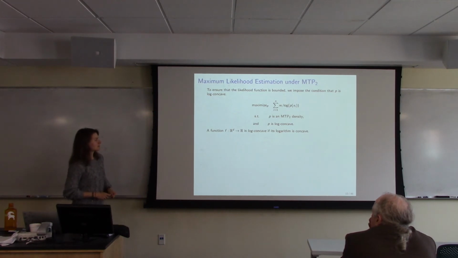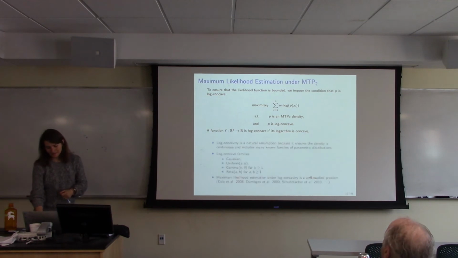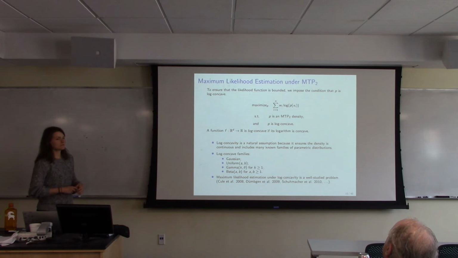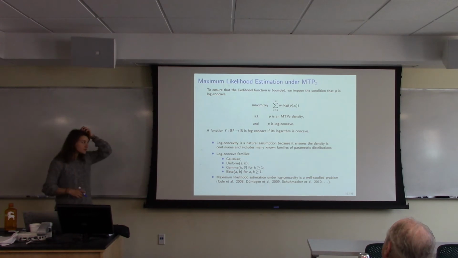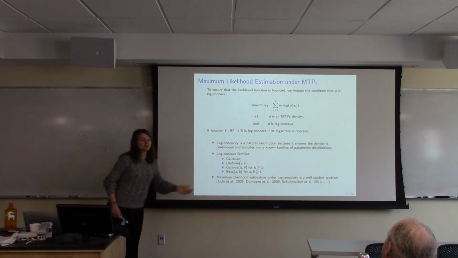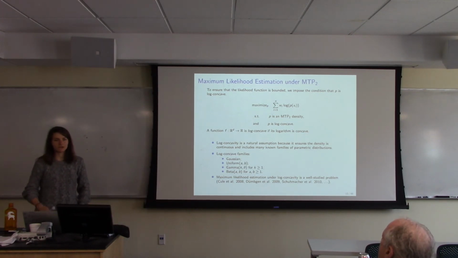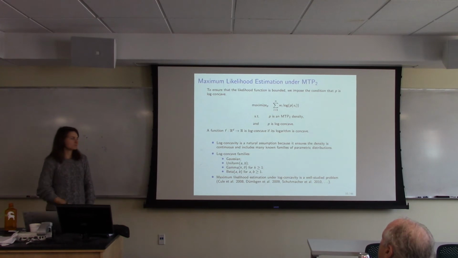A function is log-concave if its logarithm is concave. It's a natural assumption because it ensures the density is continuous. And there are many known families of parametric distributions that fall into this category. Here are a few. In particular, the Gaussian with its inverse covariance matrix being an M matrix is still one of these.